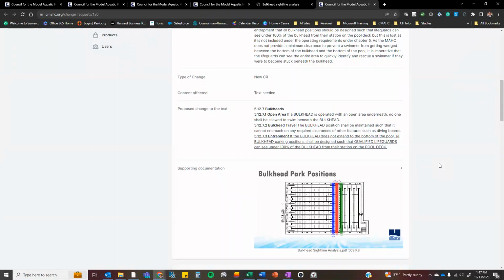So I think that limiting this to being able to see it from the pool deck is probably going to limit some of the evolution of surveillance, where we can have multiple people watching the same zones and accomplishing certain things via having multiple sets of eyes on it, including the use of ancillary devices like cameras. Being able to see it from their assigned position on the pool deck limits the ability for some of that new technology to be implemented.